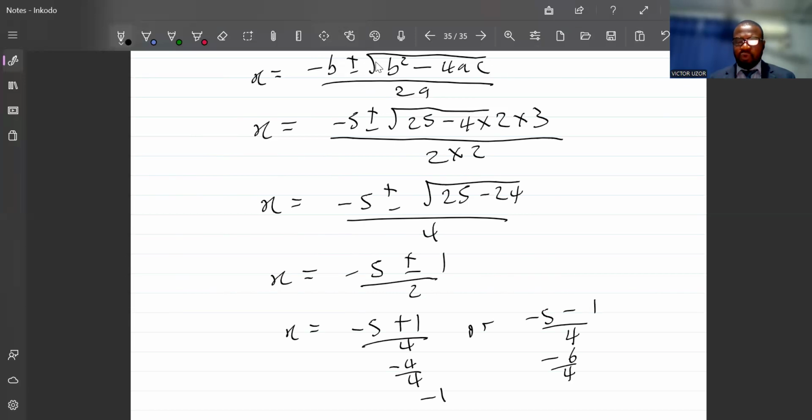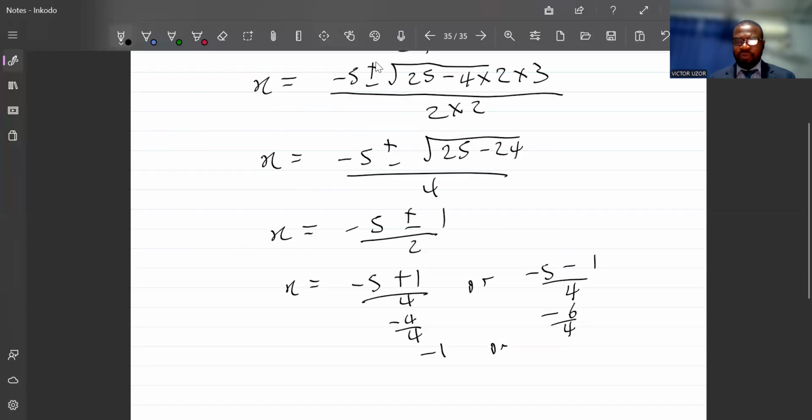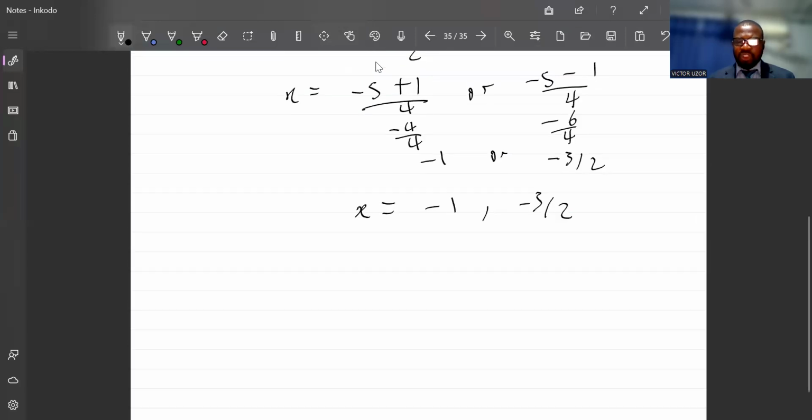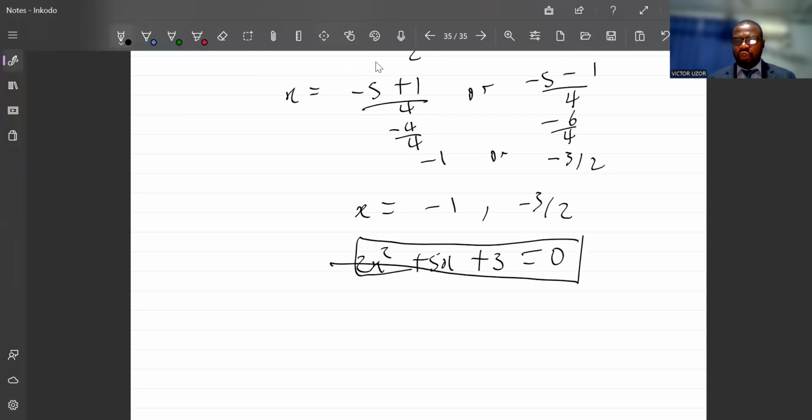This will give me negative 1 or negative 3 over 2. So the two roots, the x values, will be negative 1 and negative 3 over 2. That means when you solve the equation 2x squared plus 5x plus 3 equals 0, it will give you roots of negative 1 and negative 3 over 2.